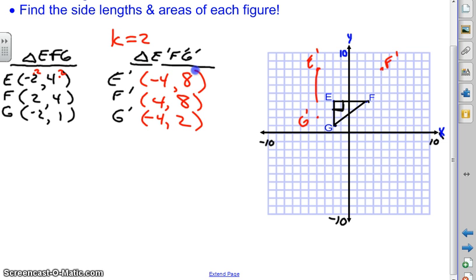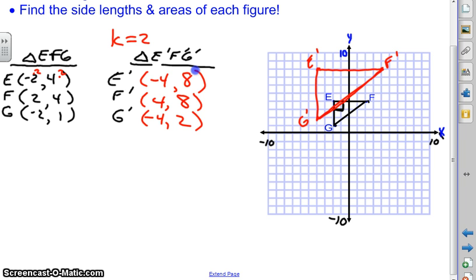So when we connect these points, we have what appears to be a triangle that looks the same shape but is a bigger size. Do you see that? So when we dilate with a number that's greater than 1 like this, that's 2, we've made a triangle that is larger. We've actually enlarged it is the word, right?